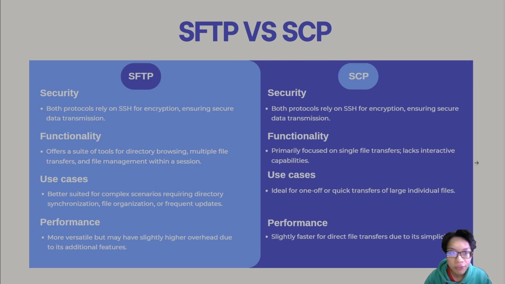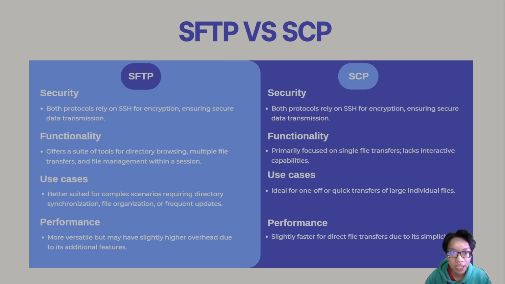So what is the difference between SFTP and SCP? First, the similarity between them is in security. Both protocols rely on SSH for encryption and ensuring secure data transmission. The differences are that SFTP and SCP have different functionality, use case, and performance.